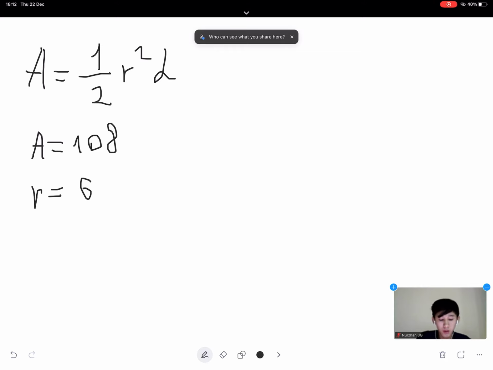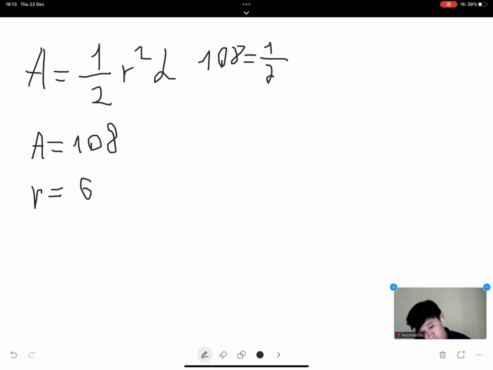And so we can substitute these values into the formula to get 108 is equal to 1 over 2 times 6 squared times alpha.